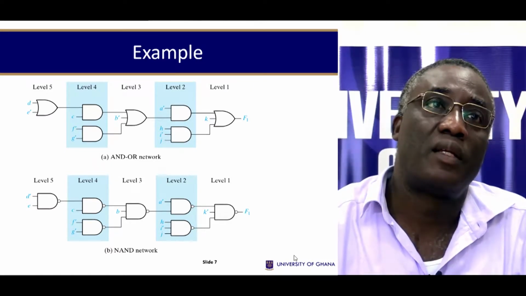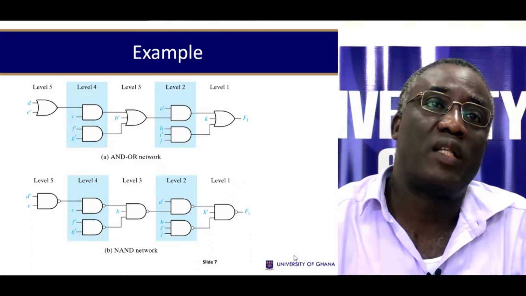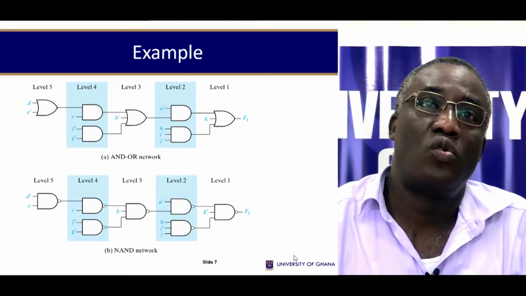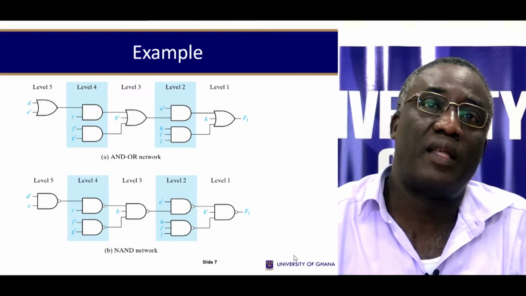An AND. You invert the literals that go into it. Then you invert the inputs there. Again, you change that to a NAND gate. You put inverters at the end of that, and then you change that again.